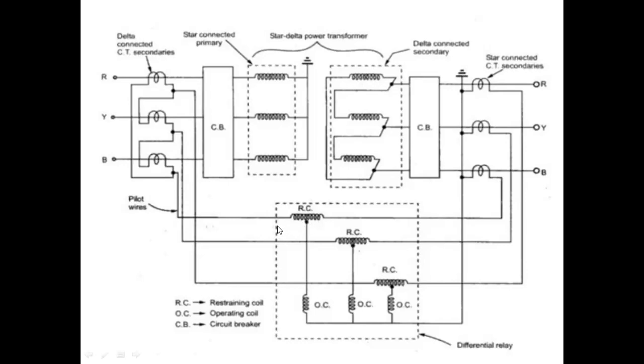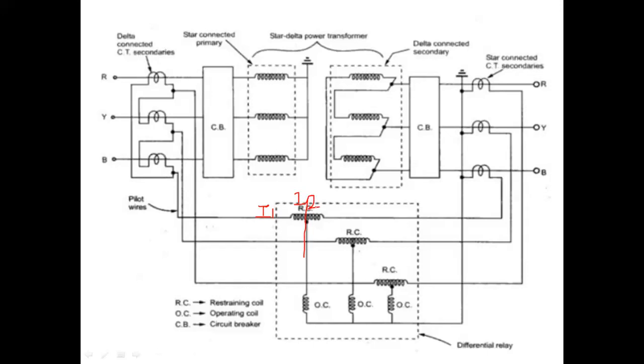Through this restraining coil, actually there is a half section of the restraining coil through which, up to this point, this current is flowing, and here this current is flowing. Suppose I consider this current as I1 and the current flowing here as I2.